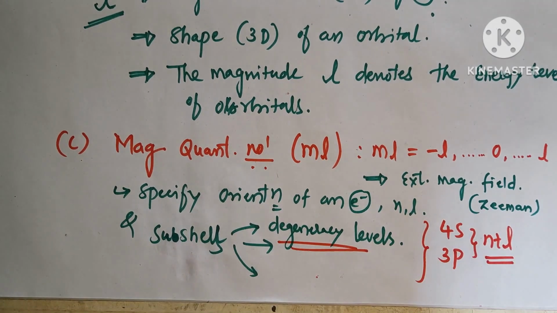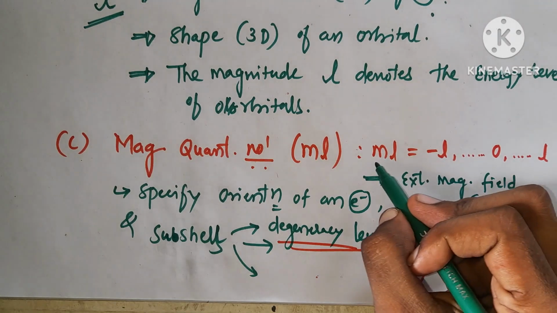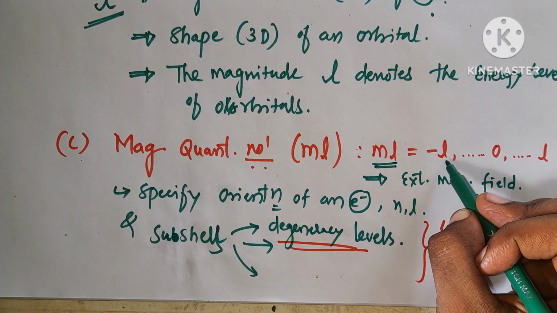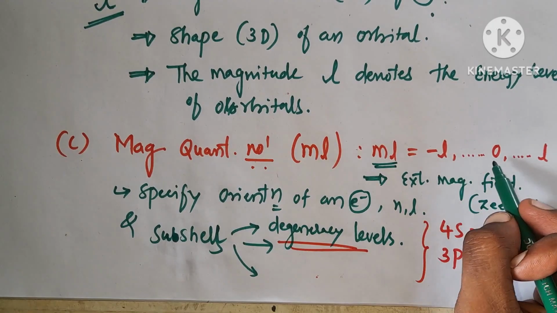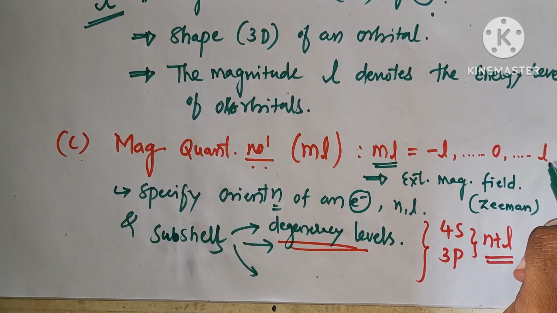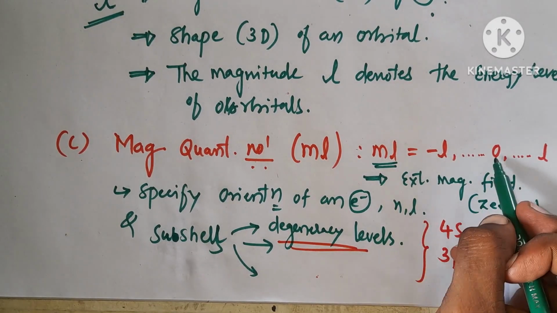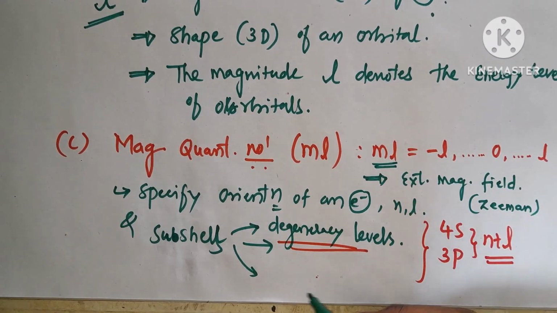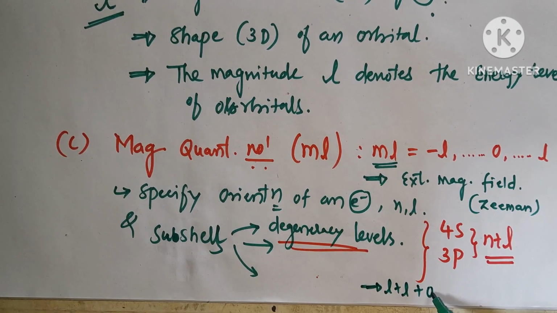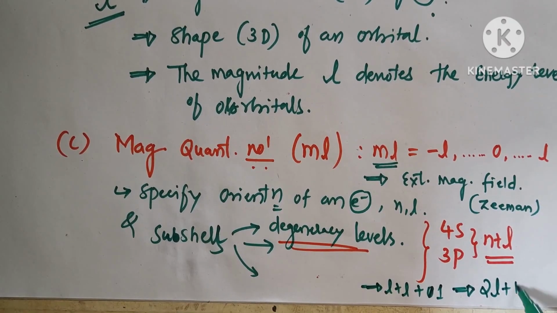So here the total possibility of degeneracy is counted with ml, all from minus L to L. Here we count 0 to L is L, and from 0 to minus L is L. So L plus L with one additional 0, that is 1. So there are totally 2L plus 1 degenerate orbitals.